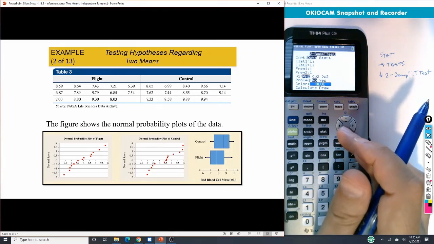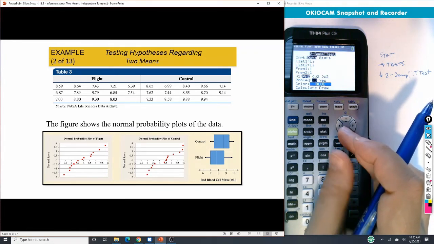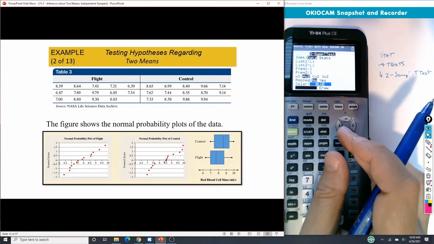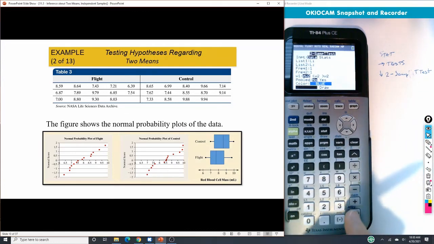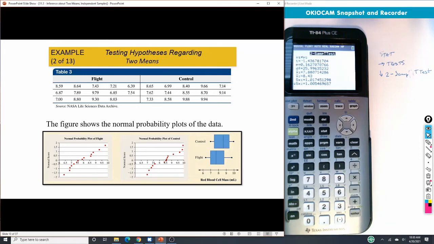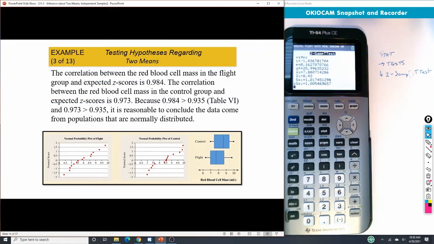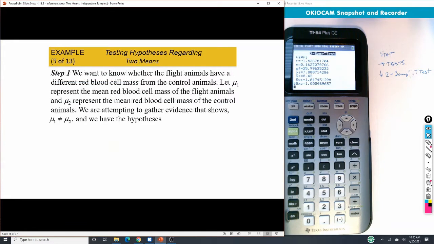This pooled option, we're always going to select No for pooled, so we don't need to change that. Just select No every time. Then we're going to calculate. They go through and do all these other things, but they start working it by hand. Again, you can see that we did a does not equal for these.